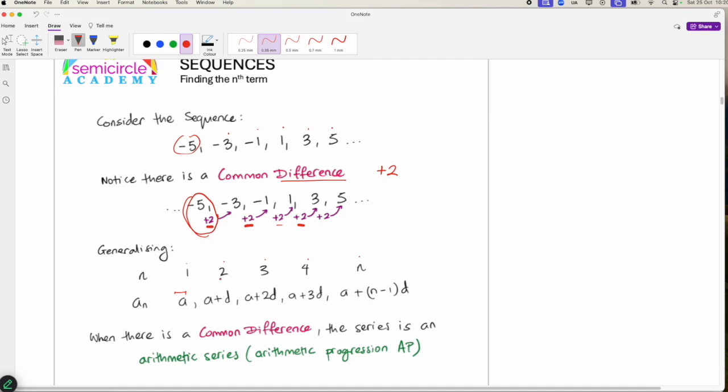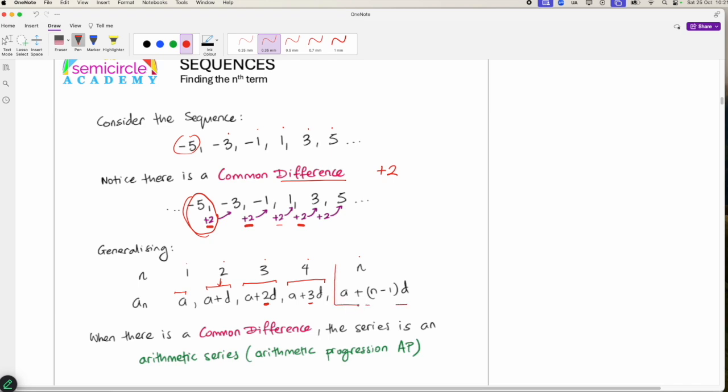If you take that and add the common difference again, you'll get the third term. Add the common difference again, you'll get the fourth term, and just keep going. Notice the number in front of the common difference is usually 1 less than n. And so we have the general formula.